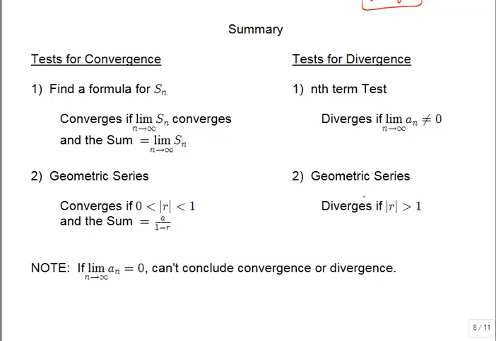If you recognize that you have a geometric series but your common ratio is not a fraction, if it's bigger than 1 or less than negative 1, then you know that your series will diverge. Notice here that for that nth term test, if your limit of your nth term is 0, you can't conclude convergence or divergence. You'd have to try some other test to figure out whether it converges or diverges.